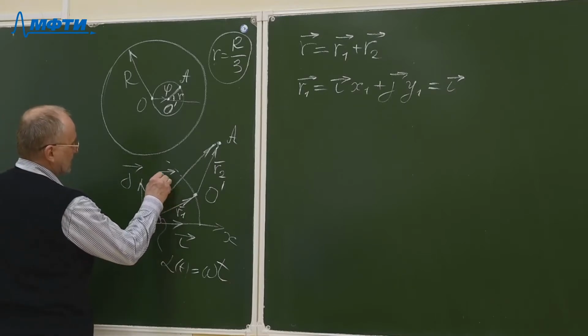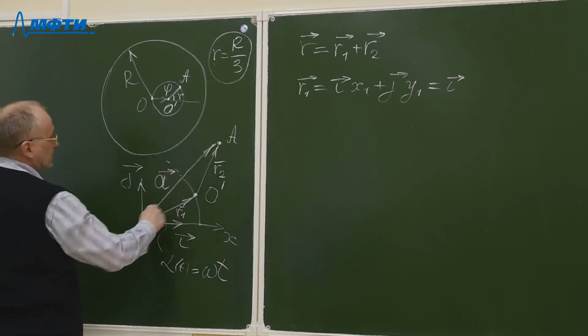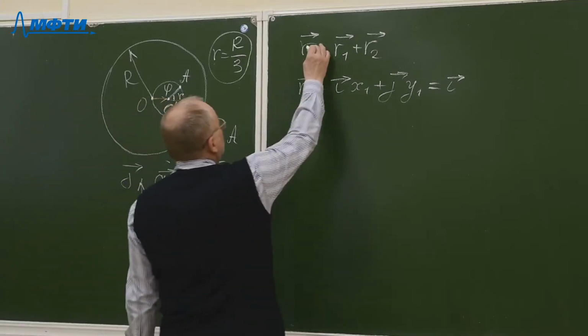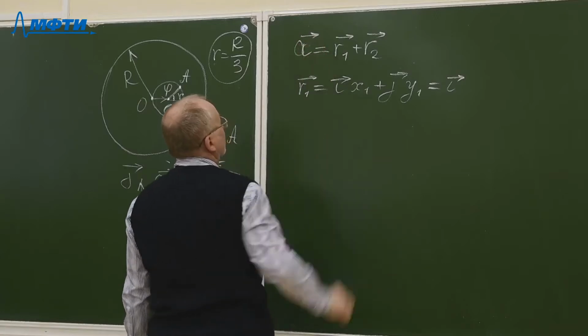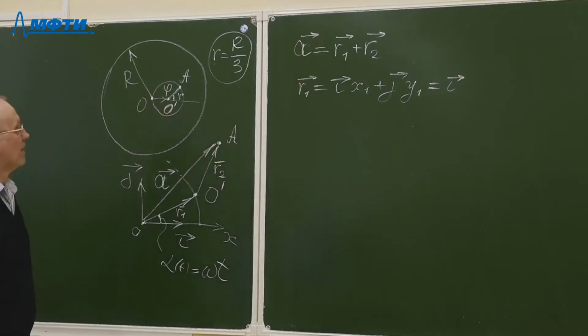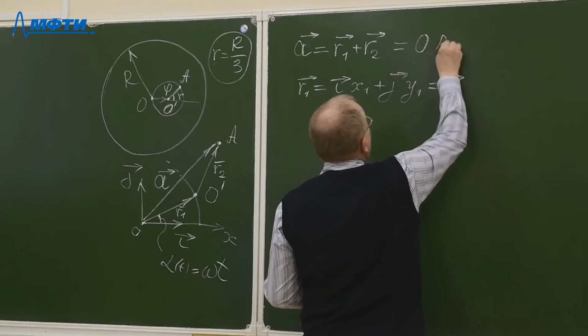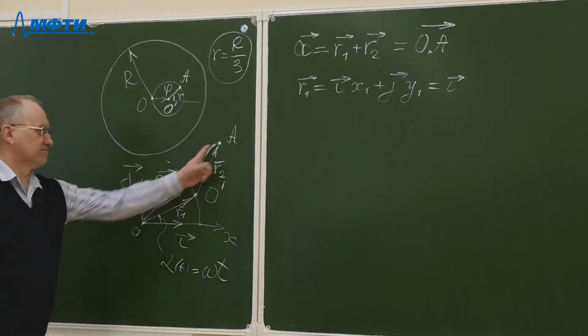Let it be simply A, vector A. That is, vector OA. So here we have vector A, which I put in such way, vector OA.